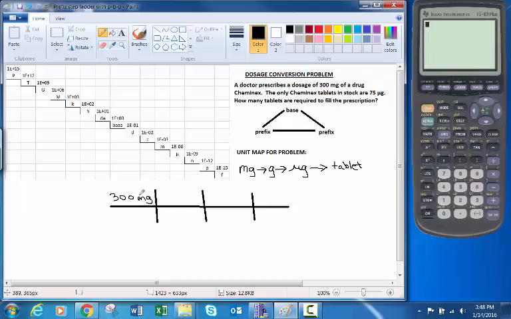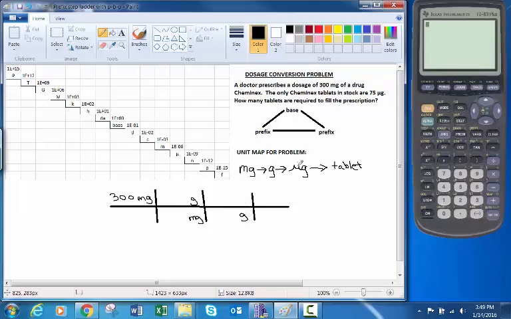If we start with milligrams as our unit, then that means that milligrams is the unit that needs to go into the bottom adjacent part of our table. According to our unit map, we're going to go from milligrams to grams. So gram is the unit we will put there. Gram on top means that we will then put grams on the bottom.